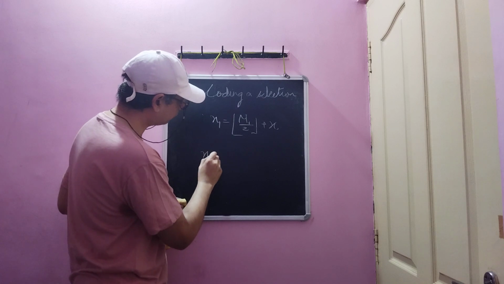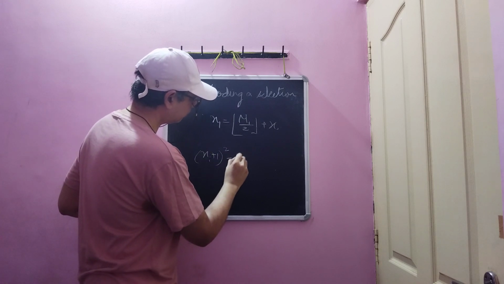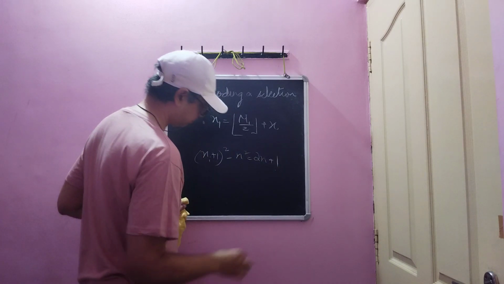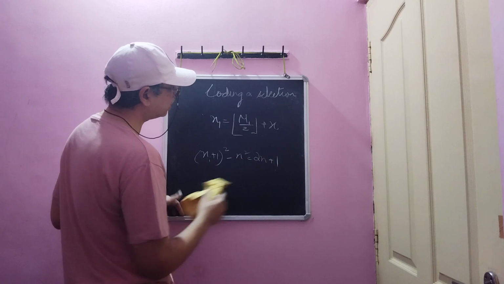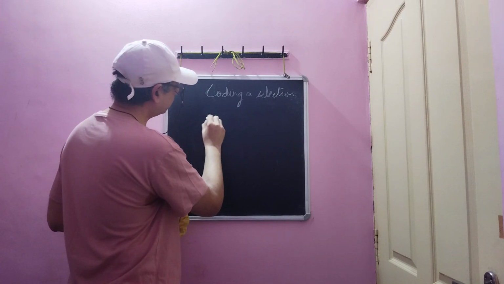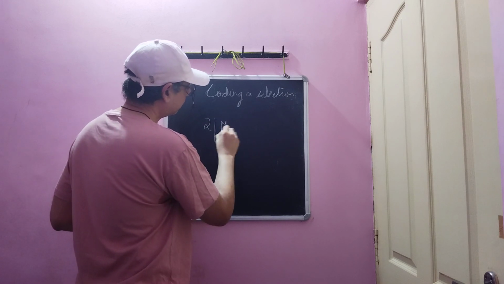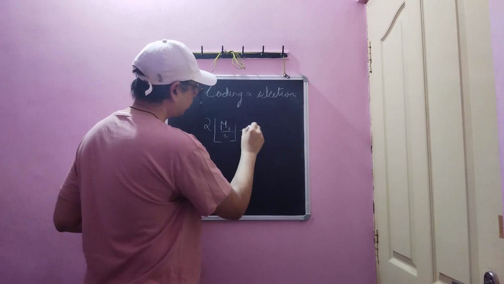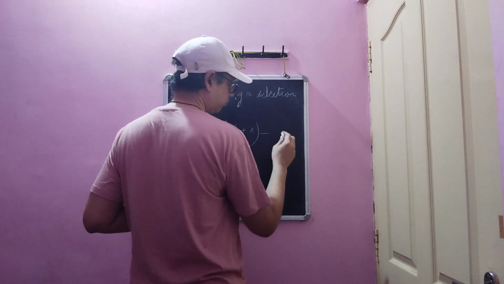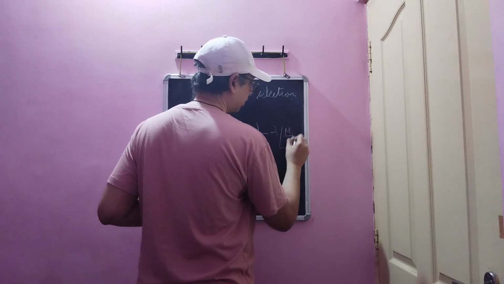Since we know that (n plus 1) the whole square minus n square is equal to 2n plus 1, when we take away m1 by 2 from n1, the difference will be 2 times floor of m1 by 2 plus x minus 2 times floor of m1 by 2.